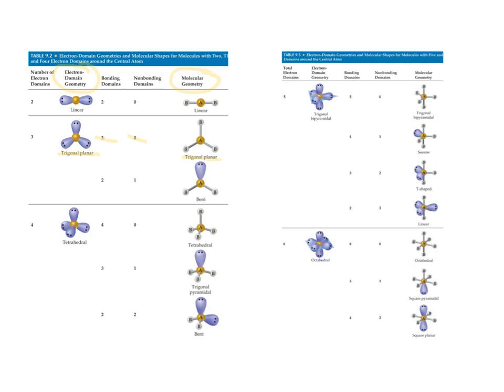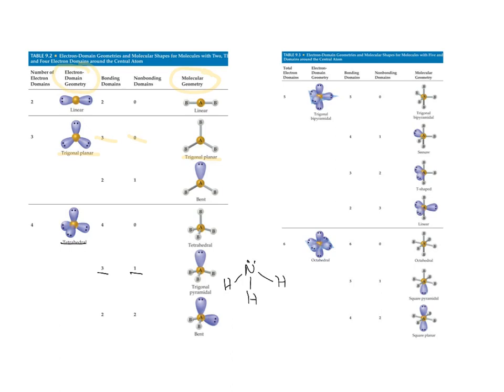However, in some cases we saw that they were different. So for example, when we had 4 electron domains and we were tetrahedral, if 3 of those domains were bonding and 1 was non-bonding, we'd be trigonal pyramidal, and that was the case that we saw with something like ammonia.